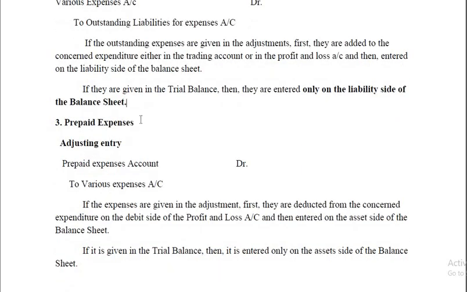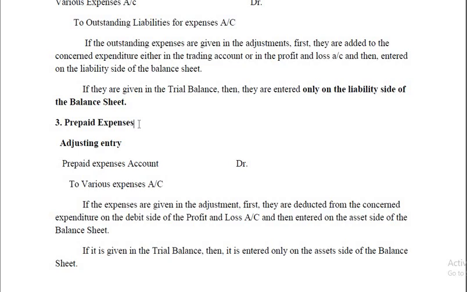Then prepaid expenses. For example, insurance prepaid. Actually it is not incurred, but you have paid in advance. So in that case, prepaid insurance account debit to insurance account, that should be the adjusting entry.